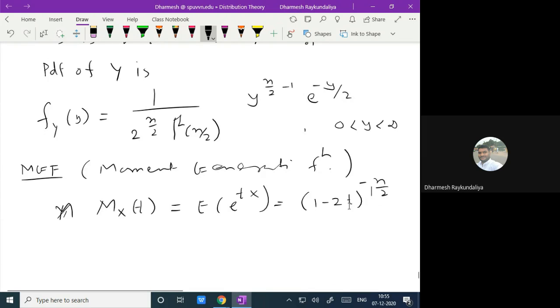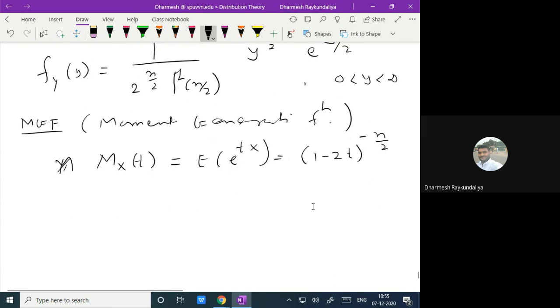If you take the derivative of M_X(t) with respect to t and equate to t equal to 0, we get the moments.